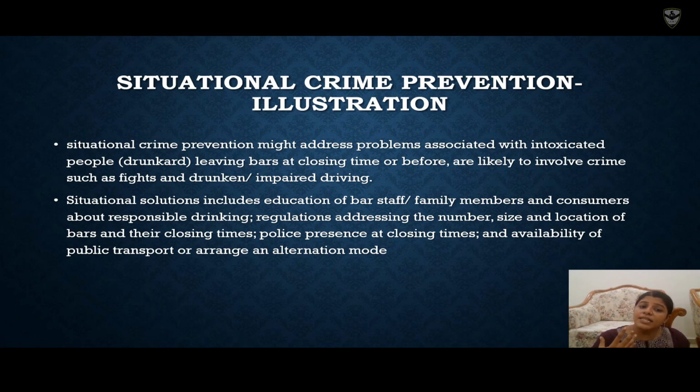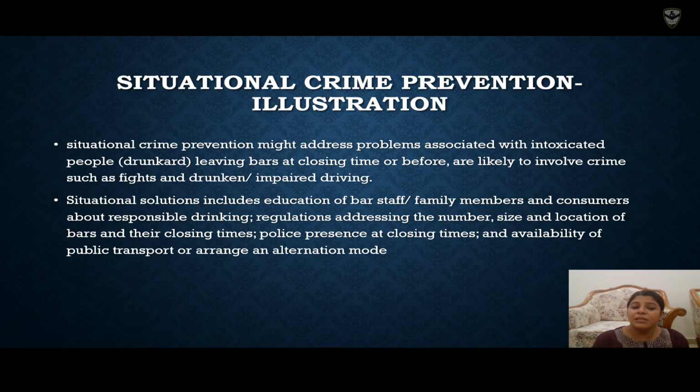So what is the situational solution that can be provided? One is education of bar staff, family members and consumers about responsible drinking. Second would be regulations addressing the number, size and locations of bars and their closing time. Third would be police presence at closing time.